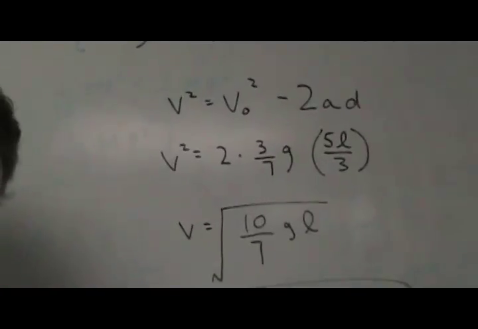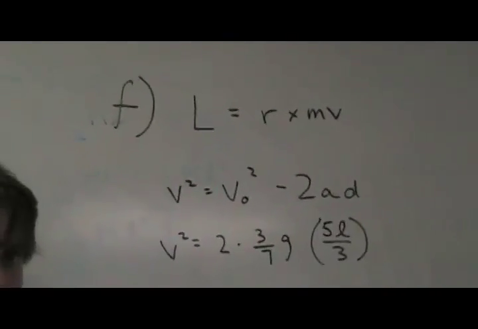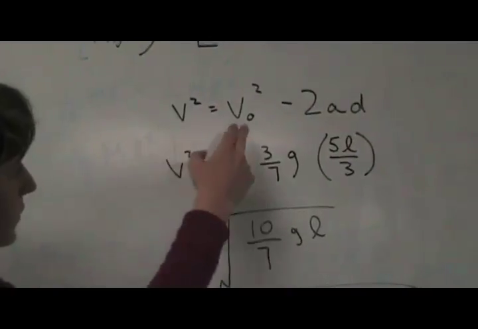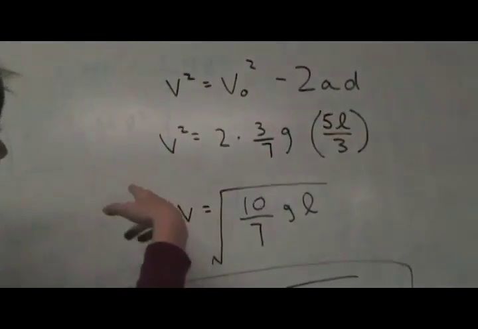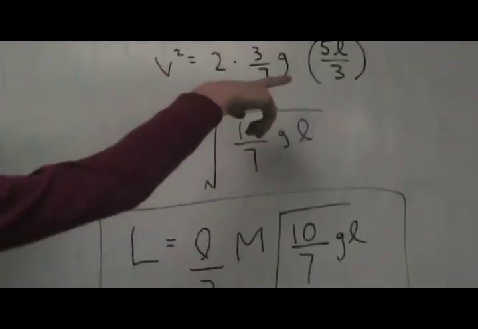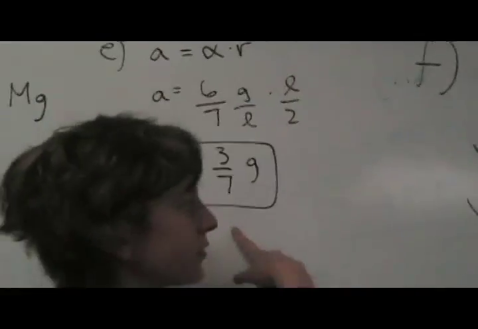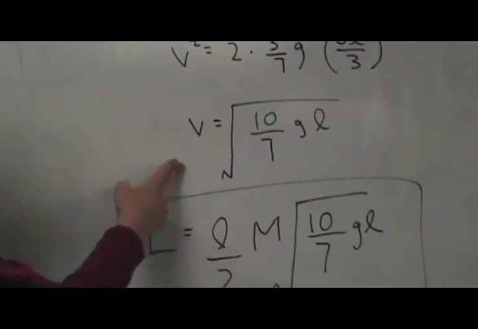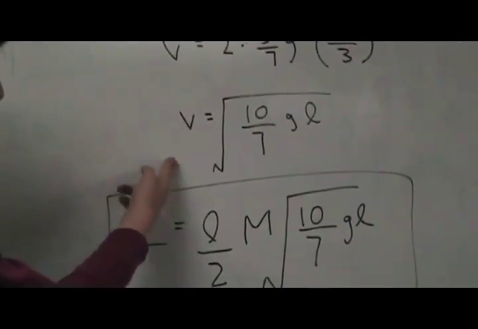We can use our basic mechanics equations to figure that out. v squared equals your initial velocity, which is 0, plus 2 times the acceleration, which we just found, times the displacement, which is how far we've dropped. You end up getting this for v, root 10/7 gL.